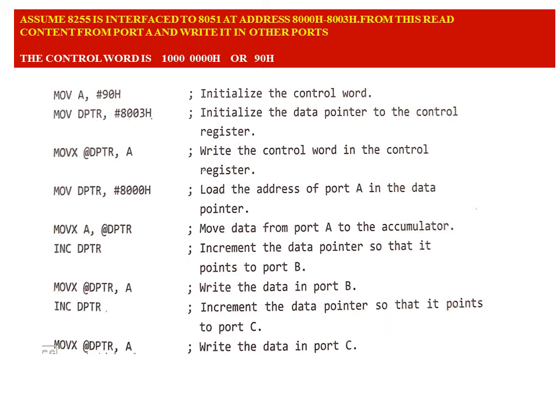That 8000 we stored in the DPTR register, nothing but port A. If we increment this DPTR register, what comes? 8001, which is nothing but the address of port B. Then if you increment DPTR again, it becomes 8002, the address of port C.